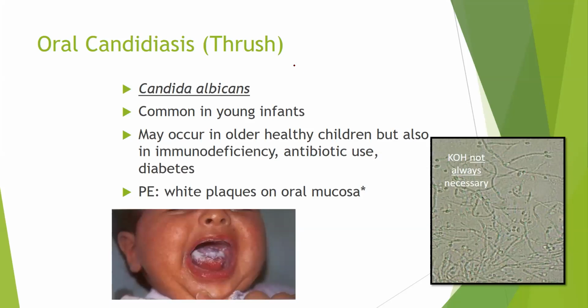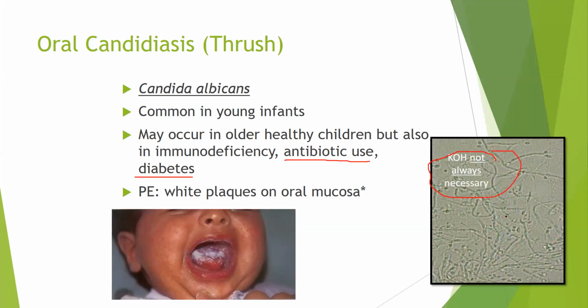Oral candidiasis, also known as thrush. So this is baby bottle thrush here. Occurs in young infants, may occur in older, healthy children, but also in immunodeficient children or children that had previously used antibiotics or have diabetes. But you're going to see these white plaques. KOH prep is going to look like this.